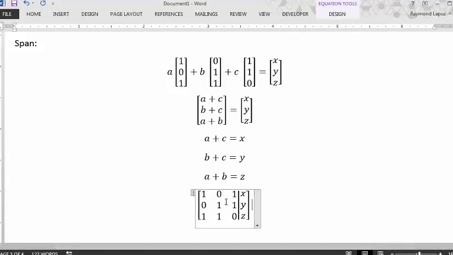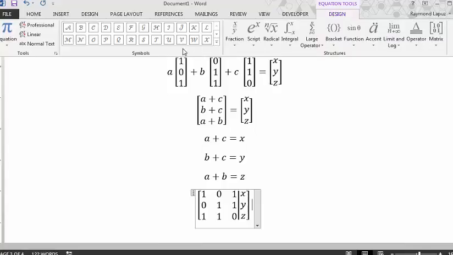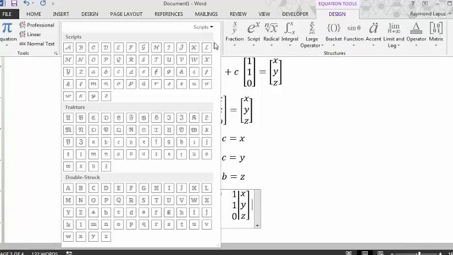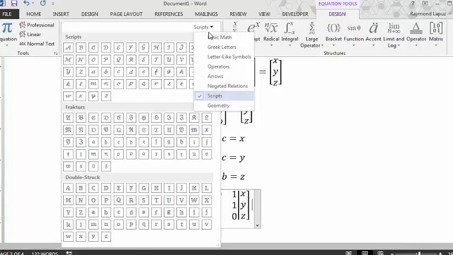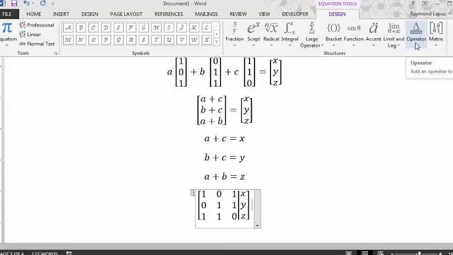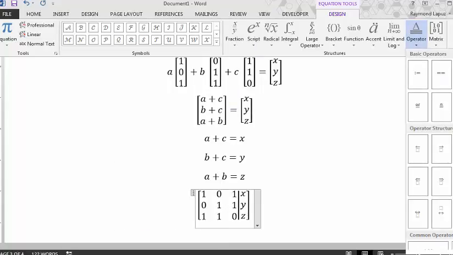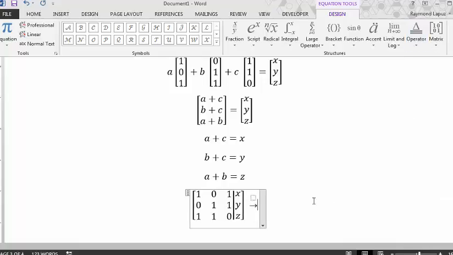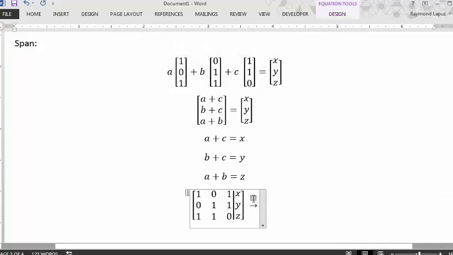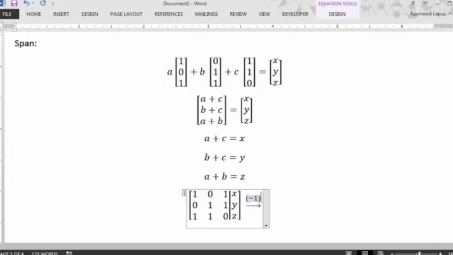Let's see if we can do some row reducing. If we row reduce, let's use operators here. So we will take -1 times row 1 and then add it to row 3.